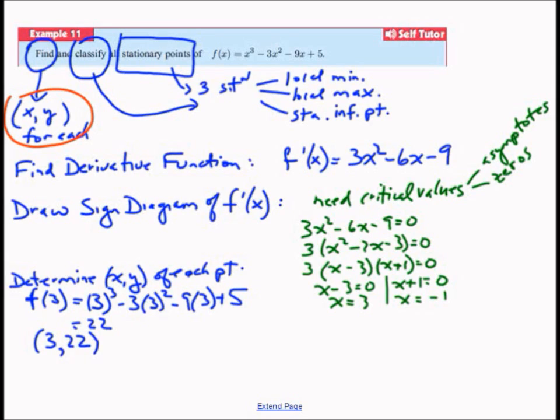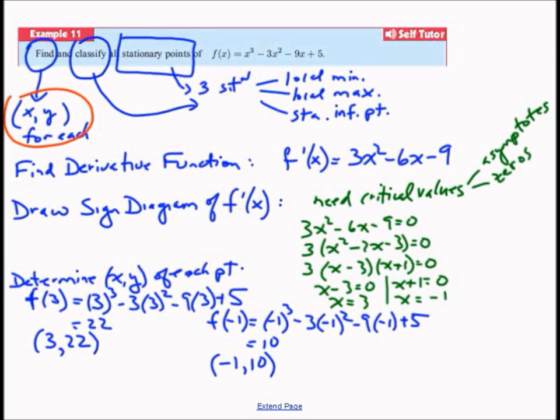And f of negative 1 is equal to 10. Therefore, we know we have this point, negative 1, 10. Okay, so we found the points. Now we need to classify them.